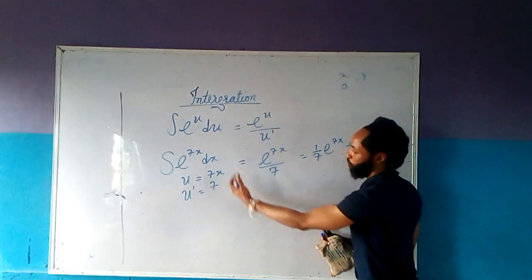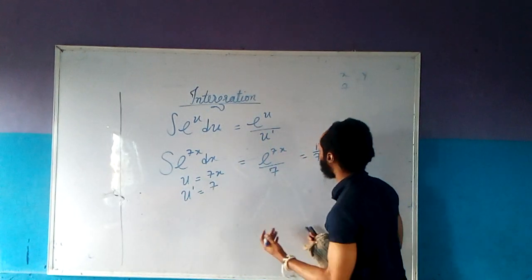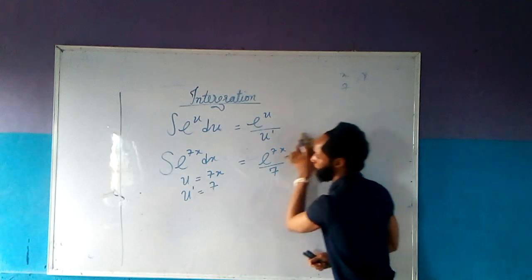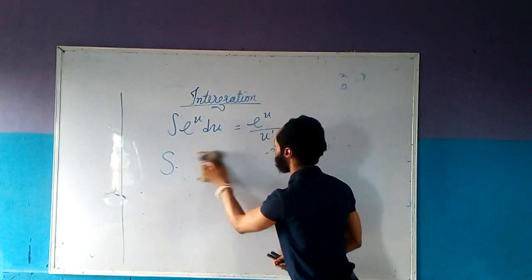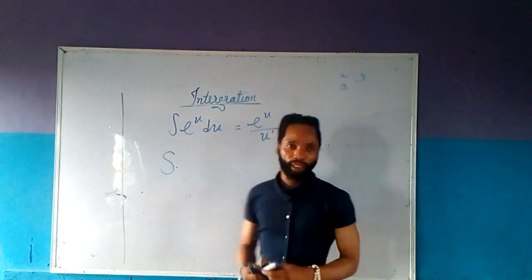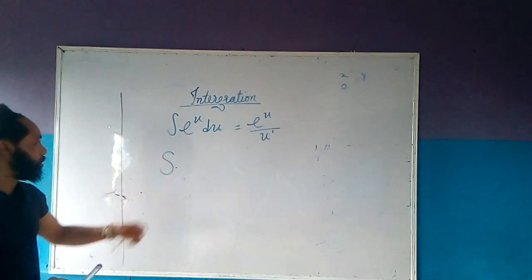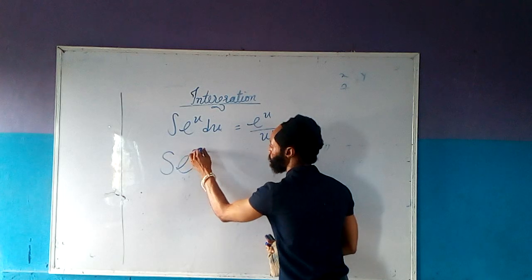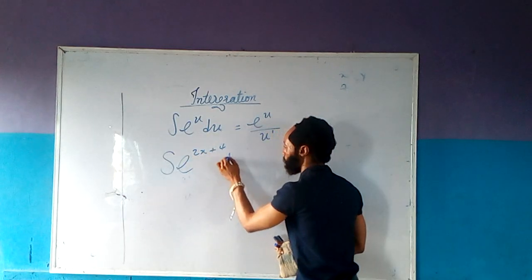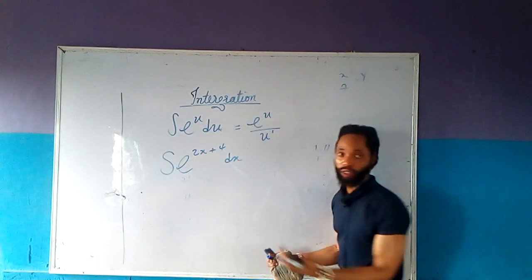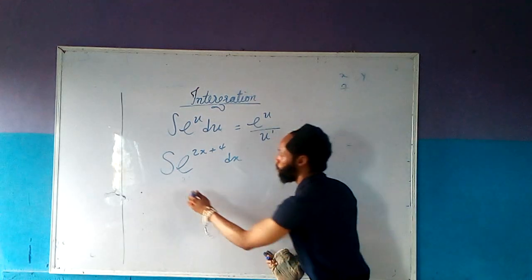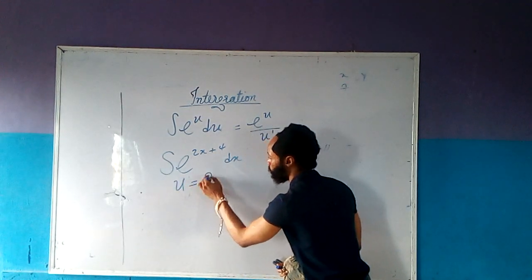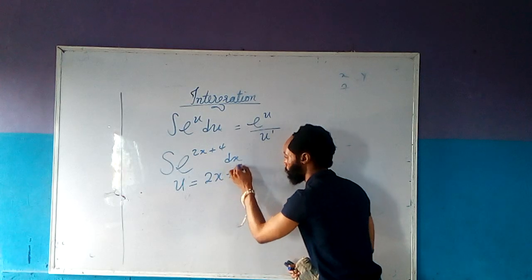Okay, let's look at another example. Let's say we have e raised to power 2x plus 4 dx. The first thing we want to do is set our u. Our u equals 2x plus 4.